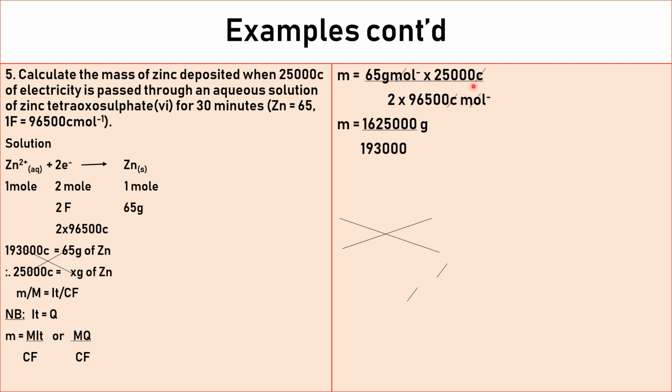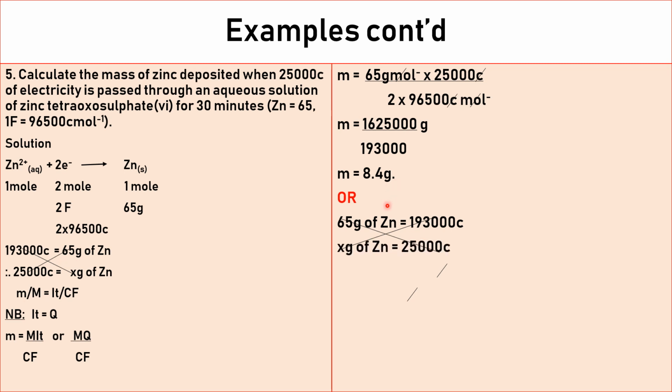So mole cancels mole, coulomb cancels coulomb, and then we have 1,625,000 gram divided by 193,000, and that will give us the mass to be 8.4 gram.